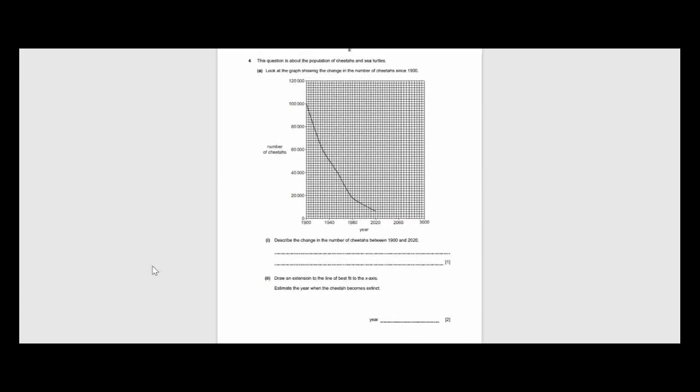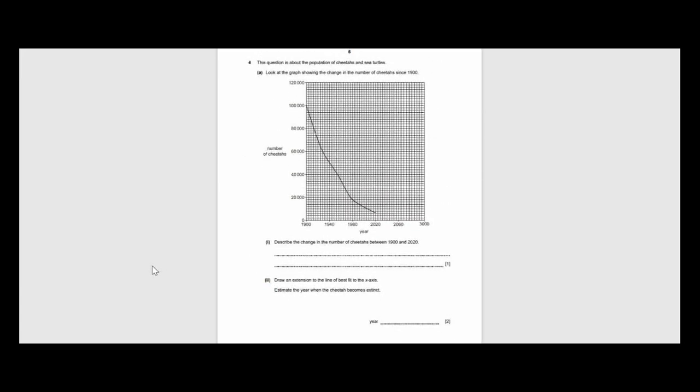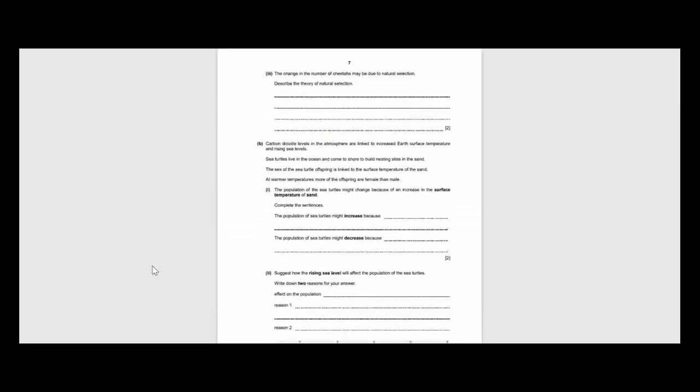Next is number 4, still 3C and 3D. Next is number 4A, and next is number 4B, 4A part 3, 4B part 1 and part 2. Next is question 5, AB.